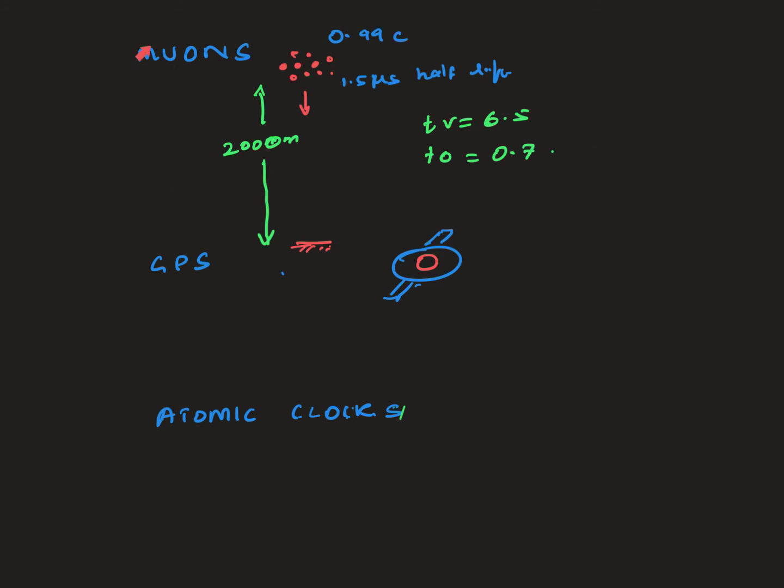Muons are subatomic particles like electrons. They are in the lepton family. They are produced when cosmic rays bombard the atmosphere, and they have a half-life of 1.5 microseconds, which is tiny.